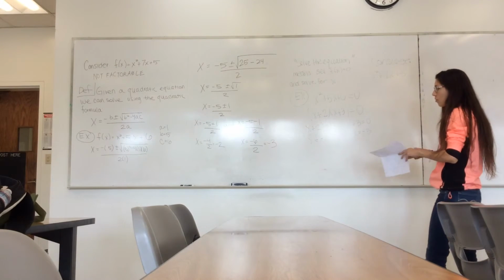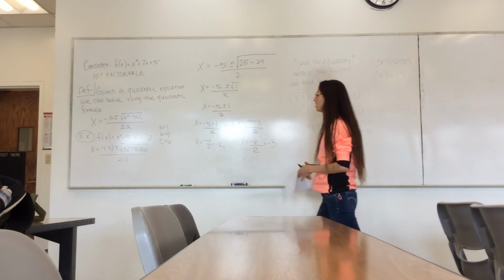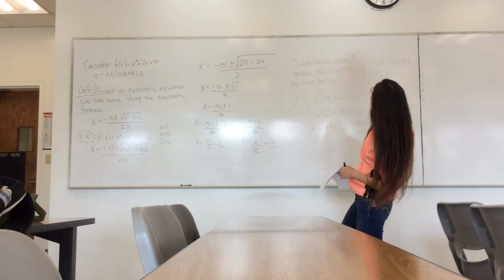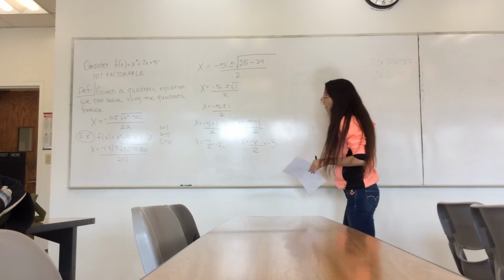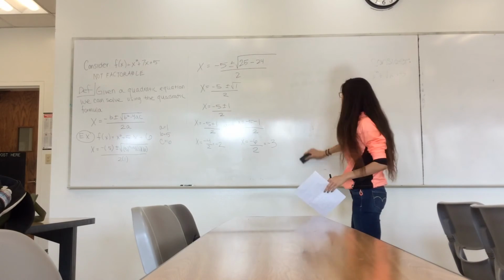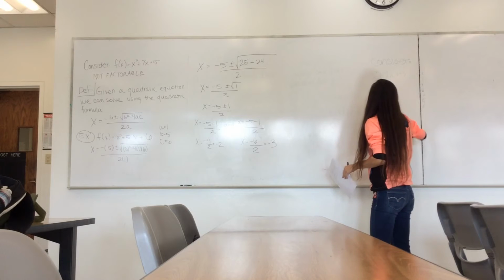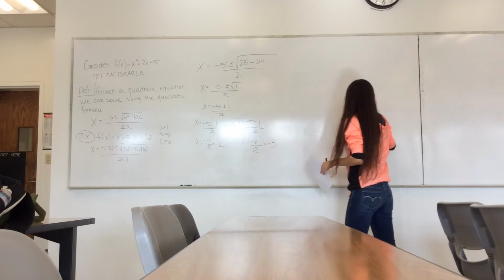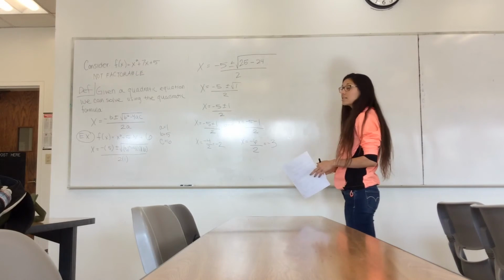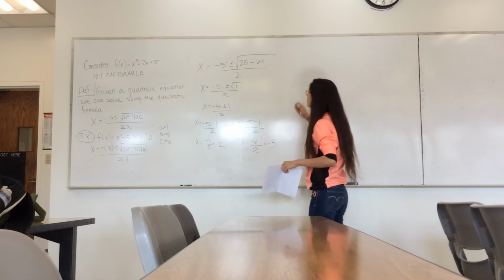Okay, so another reason why I like the quadratic formula is because we're not always guaranteed real solutions. And our quadratic formula is going to tell us. So this is another definition.